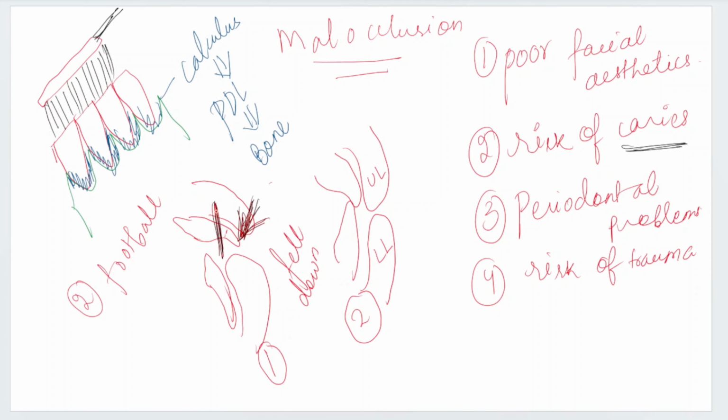So this will break. So there is a risk of trauma. Next is abnormality of function. Now what functions do you do with your teeth? We deglutate, we swallow, we speak, we respire.